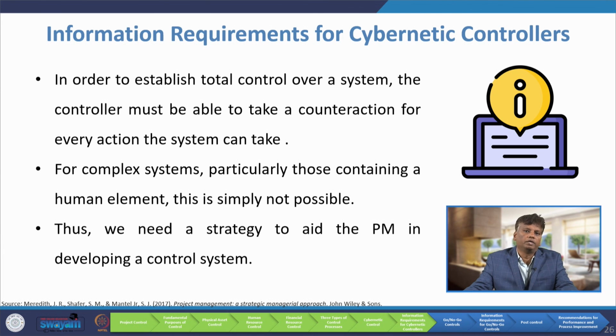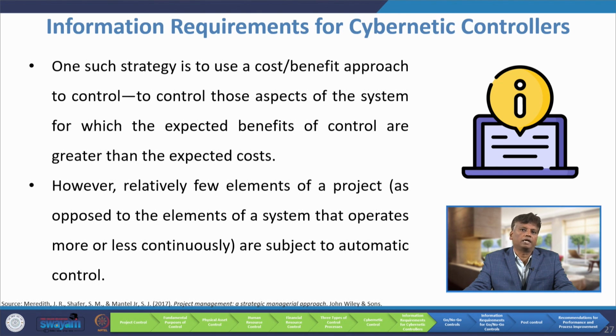Thus, we need a strategy to aid the project manager in developing a control system. One such strategy is to use a cost-benefit approach to control, that is, to control those aspects of the system for which the expected benefits of control are greater than the expected cost.